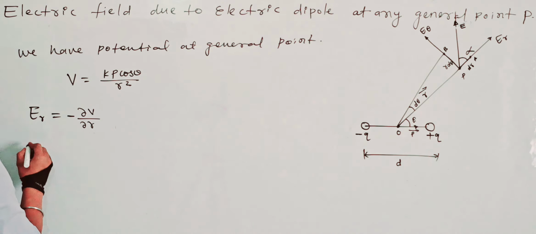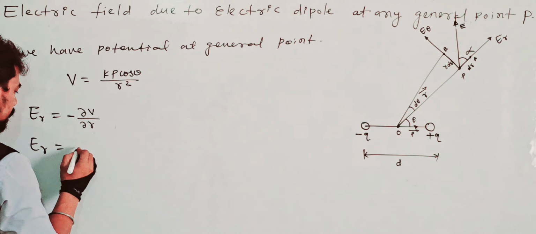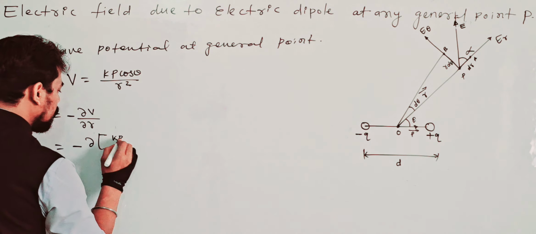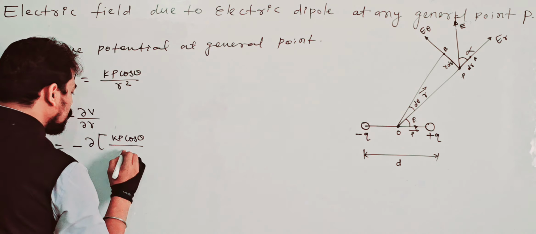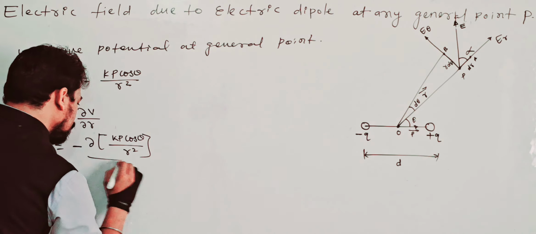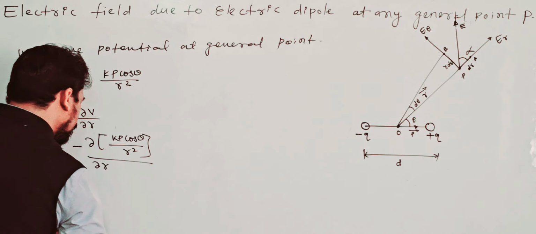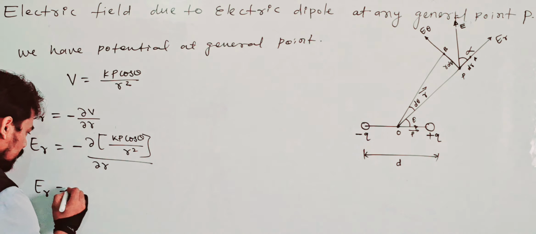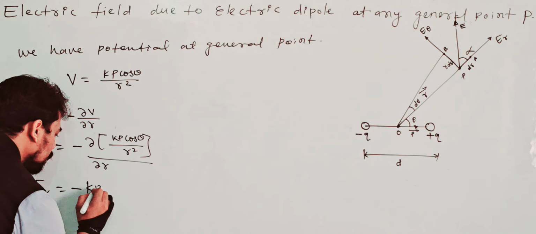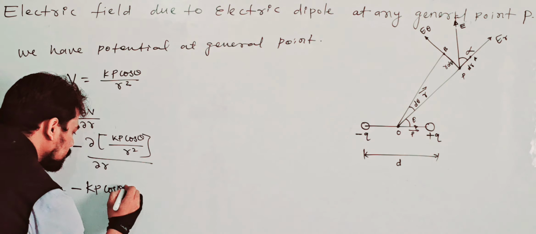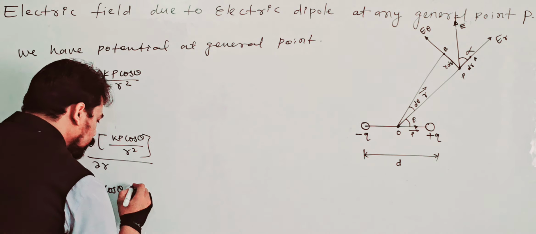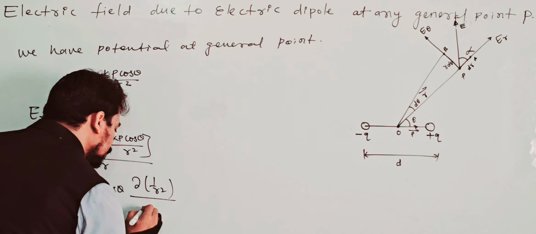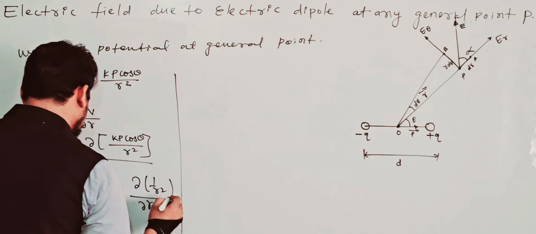So E r equals minus delta of Kp cos theta by r square by delta r. Taking the constants out of the differentiation, we write Kp cos theta times the differentiation of 1 by r square by dr.